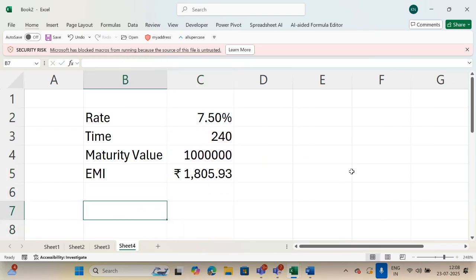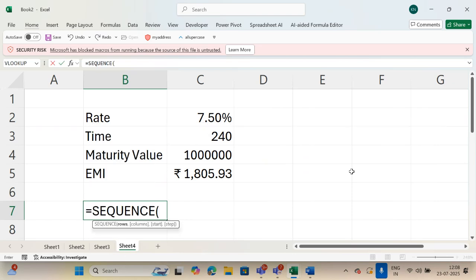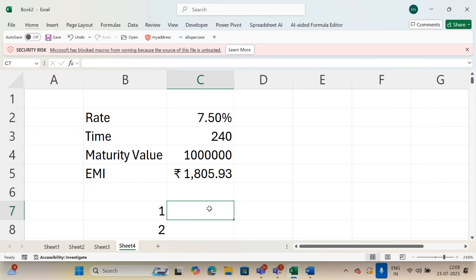Now you can make the schedule. How can you make the schedule? Same, is equal to sequence 240. Just take from it. Now, first month I'm paying 1805 every month.